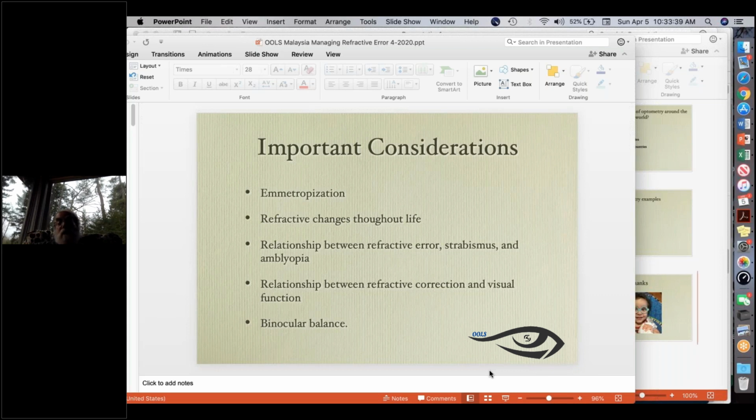I will say, at least in the US now, that is beginning to change, and there is much more of a convergence, if I can use that term, between visual structure and visual function. They believe that they're interrelated in ophthalmology as well as in optometry. That was not true when I started out long ago. Most ophthalmologists believed that myopia was determined only through genetics. Environment played no role.